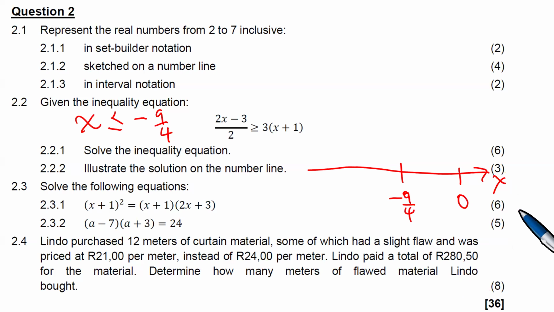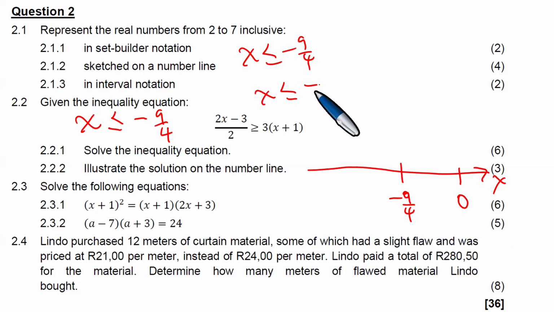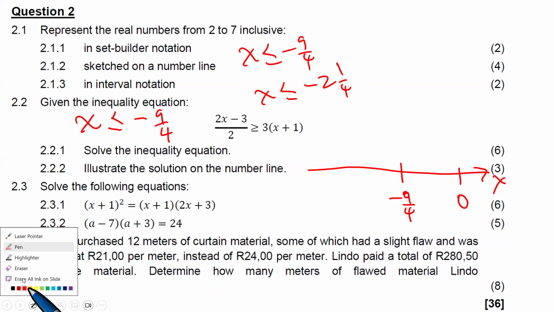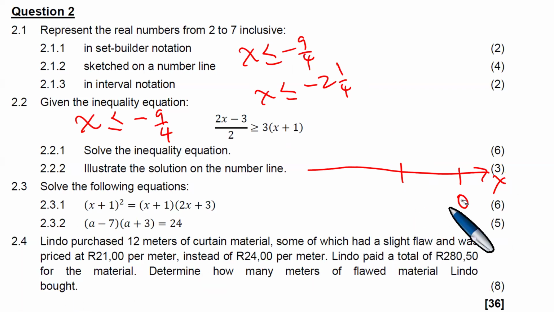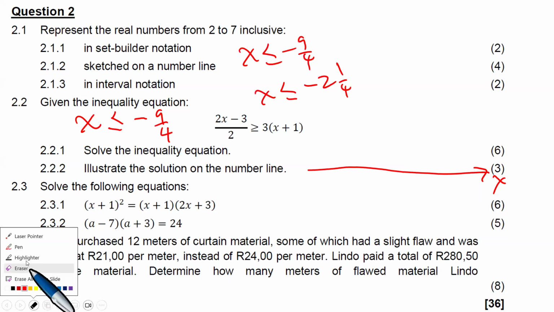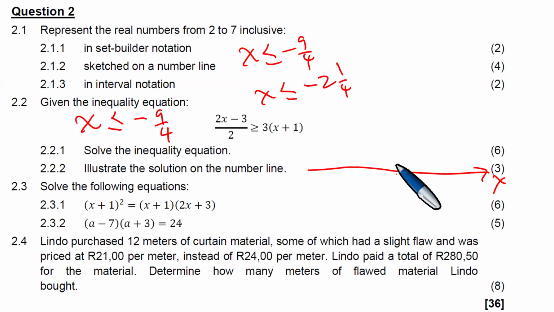Because it's minus 9 out of 4, we need to focus on how many times 4 goes into 9. Two times, so the remainder is 1 out of 4. So you have minus 2 and 1/4.